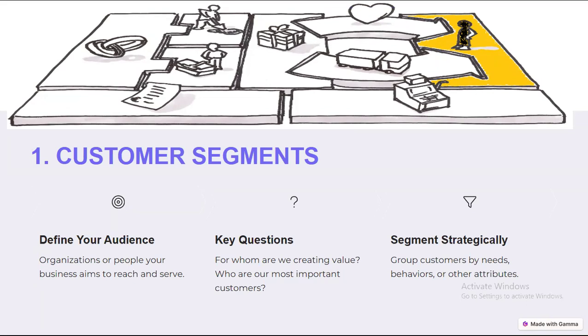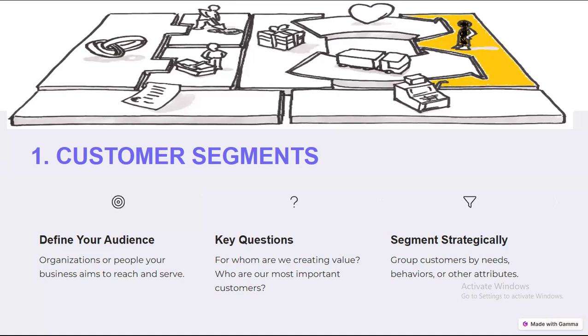The first one is the customer segments. The customer segments help you to define your audience, the people you intend to provide service to. These are the organizations or people your business aims to reach and serve.